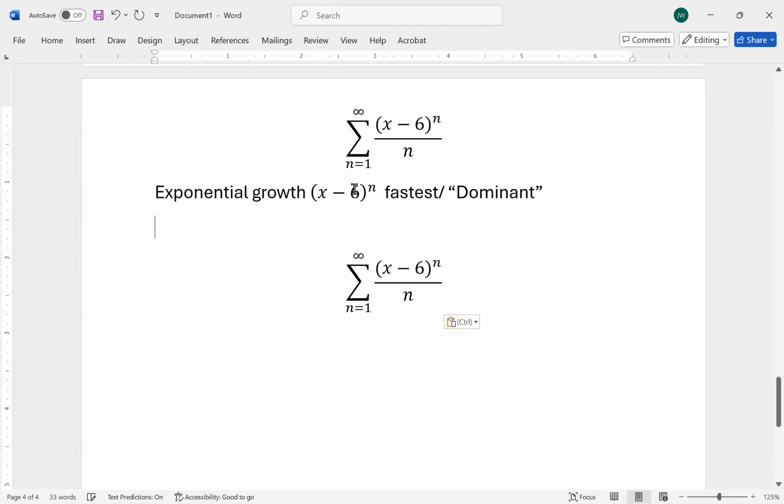So that means my power series is going to behave kind of like what would happen if I didn't have this divide by n. If I didn't have this divide by n, I would just have x minus 6 to the nth power in the numerator summed up from 1 to infinity.